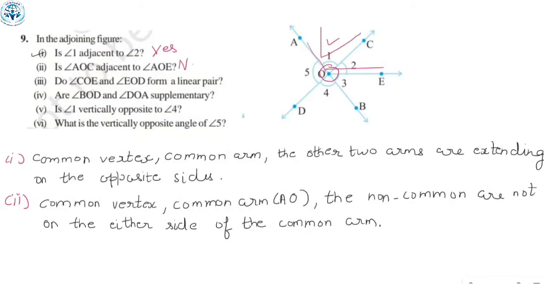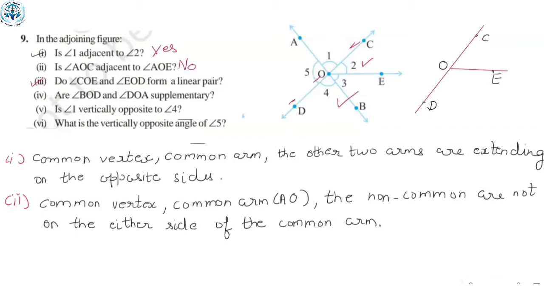The third part, do angle COE and angle EOD form a linear pair? These are the two angles. Angle COE is angle 2 and angle EOD is angle 3 plus 4. This is a straight line COD and this is another line OE.